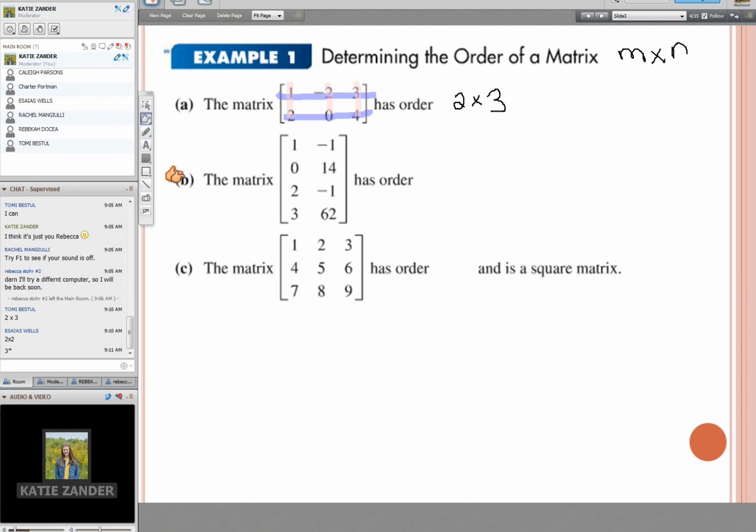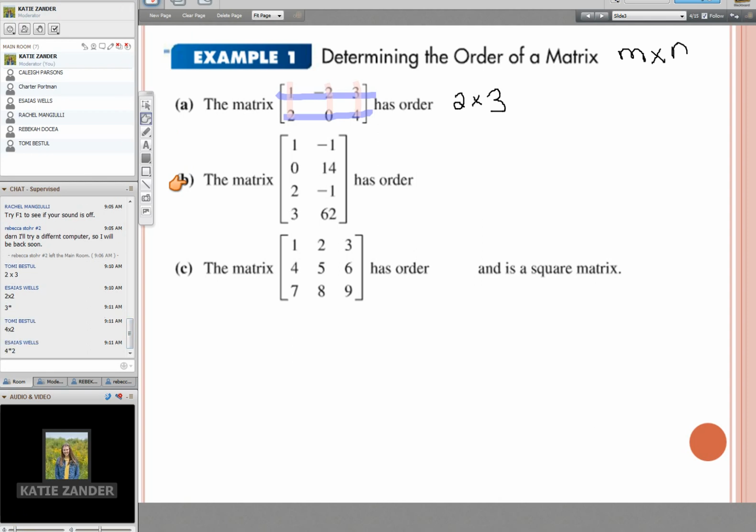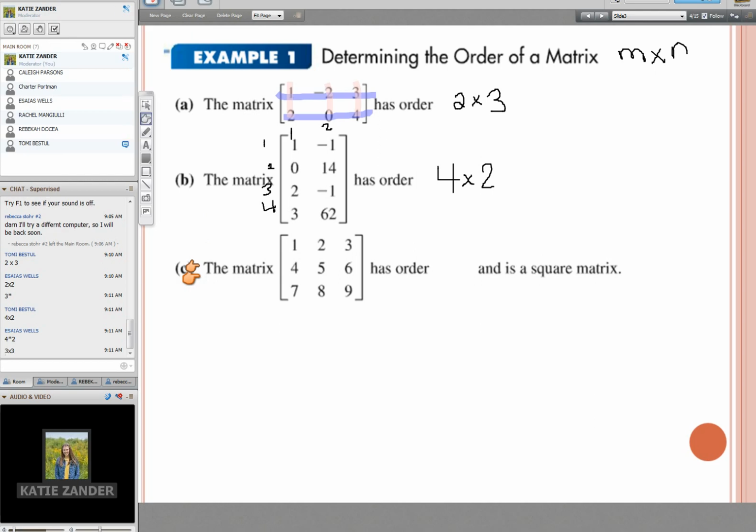What about part B? What is the order of the matrix in part B? A 4 by 2? Good. There are 4 rows, 1, 2, 3, 4, and 2 columns. Awesome. And then matrix C, what's the order for matrix C?